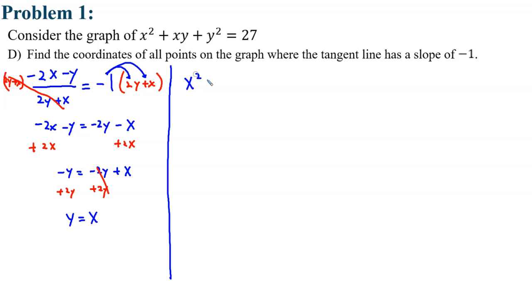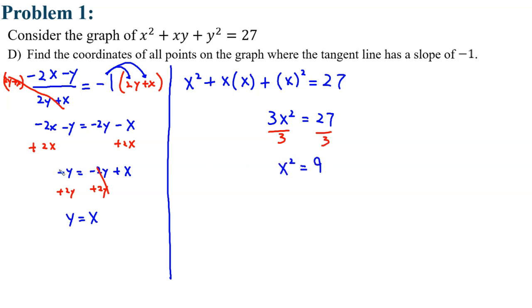So this would be an x squared, plus x times y, which again is just equal to x, plus y squared, which again is just the x squared, is equal to 27. All right, so what we'll have then is 1, 2, 3 x squareds. And again, to get the x by itself, divide both sides by 3. We end up with x squared is equal to 9.